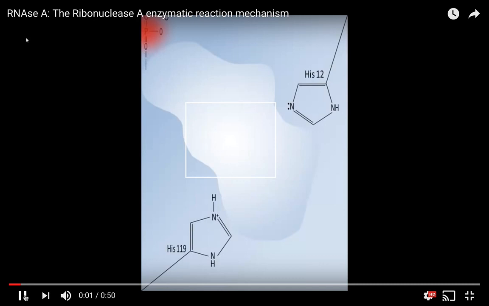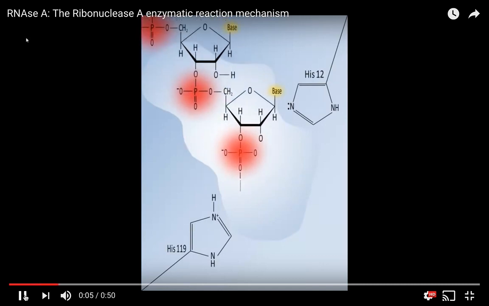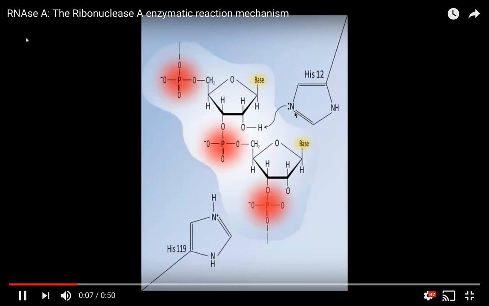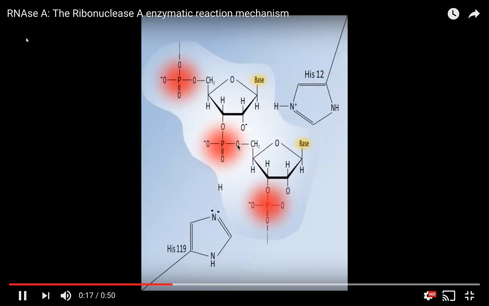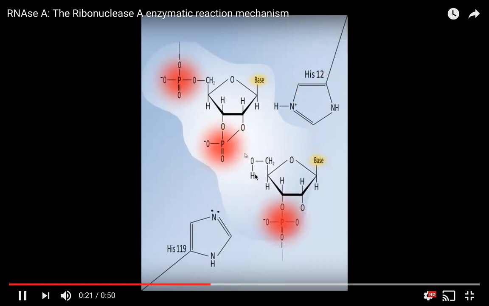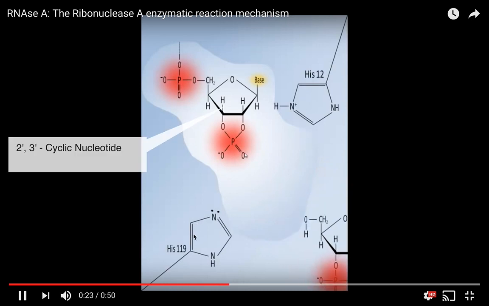Okay, so here comes our substrate, our RNA molecule. Our histidine 12 generates a good negatively charged oxygen, good nucleophile, which attacks our phosphorus. This bond breaks and leaves as a good leaving group because it becomes protonated by histidine 119.